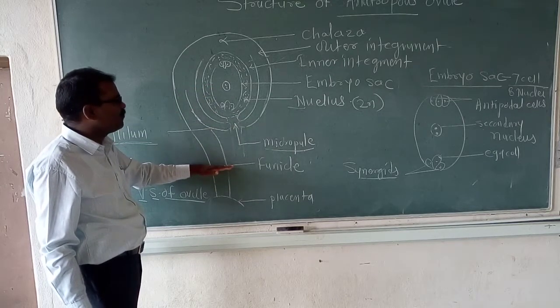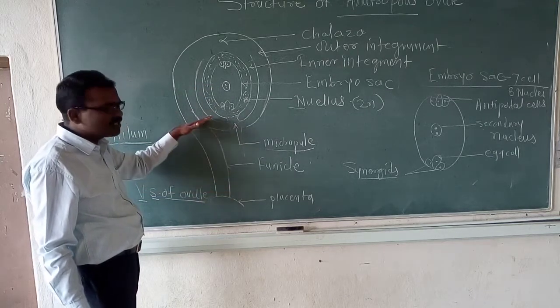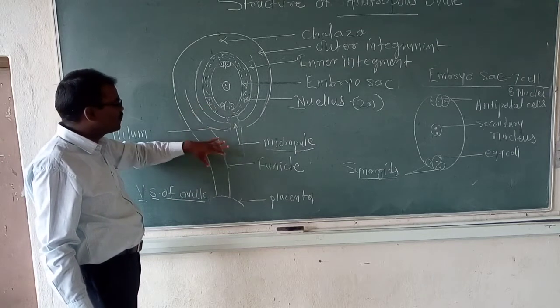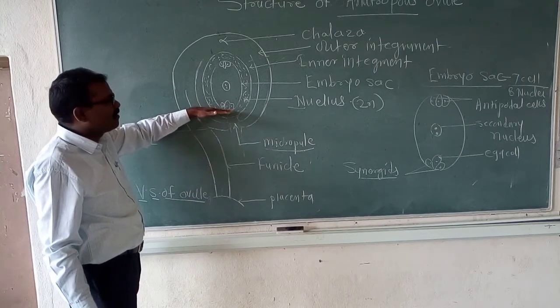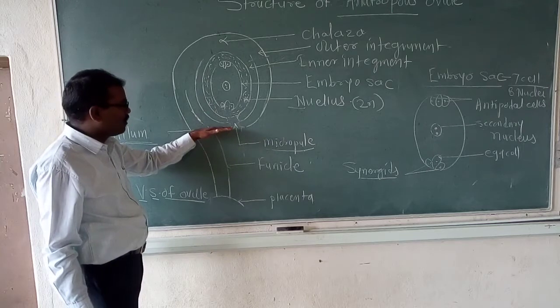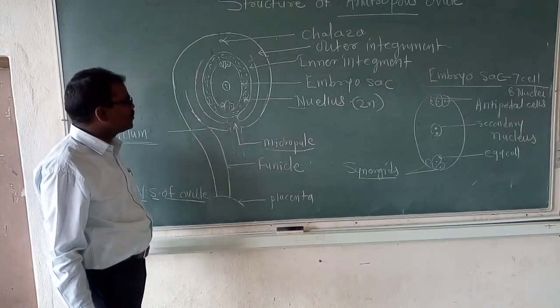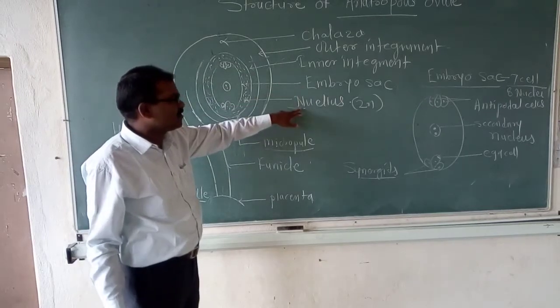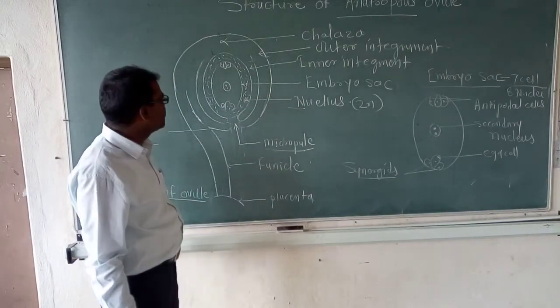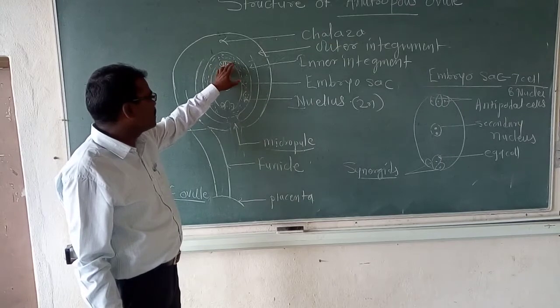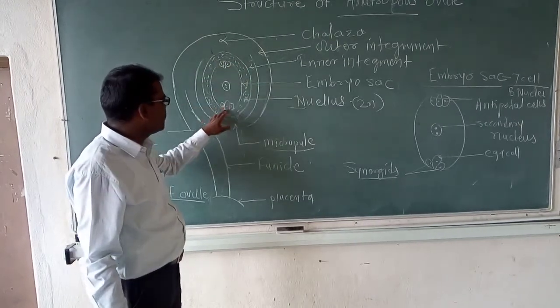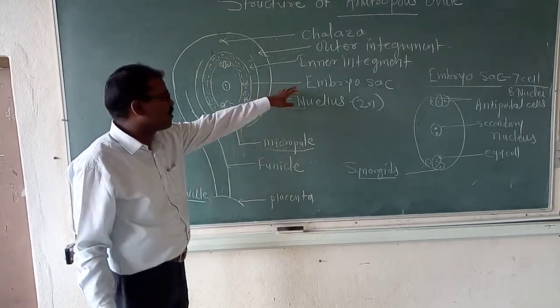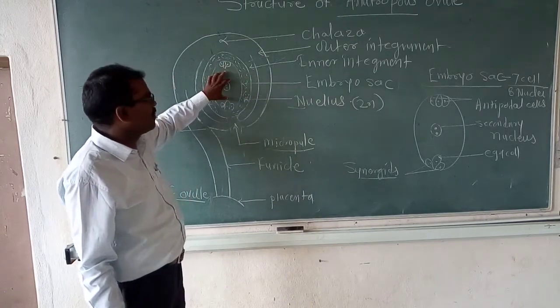And what is the function of the funicle? The funicle conducts the nutrients towards the body as well as raises the ovule or body. The body consists of one important part called the nucellus, diploid multicellular cells, and its function is development of the female gametophyte or embryo sac inside it.